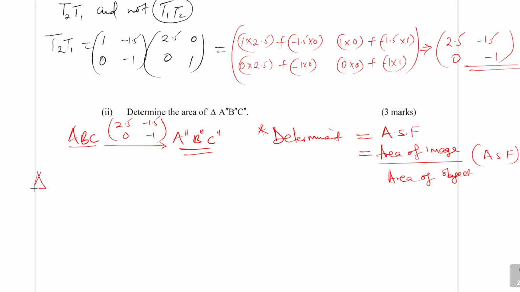Once we get the determinant of that matrix, and you know how to get the determinant, take the product of this diagonal, which is 2.5 times negative 1, subtract the product of the other diagonal, negative 1.5 times 0. So this will give negative 2.5, subtract 0.